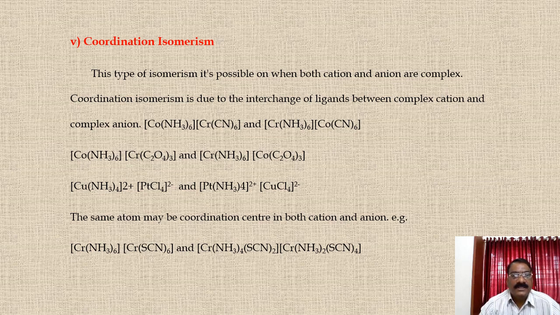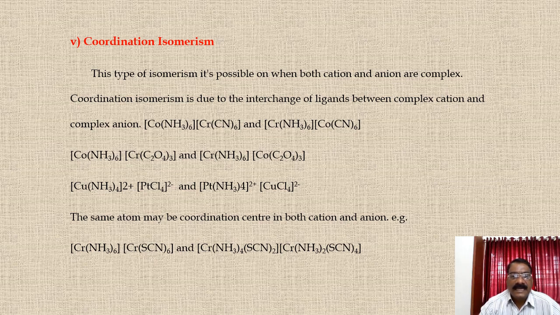Fifth type, coordination isomerism. This type of isomerism shows that the positions of both cation and anion in the complex get changed. Coordination isomerism is due to the interchange of ligands between the complex cation and the complex anion. For example, [Co(NH3)6][Cr(CN)6] and [Cr(NH3)6][Co(CN)6].